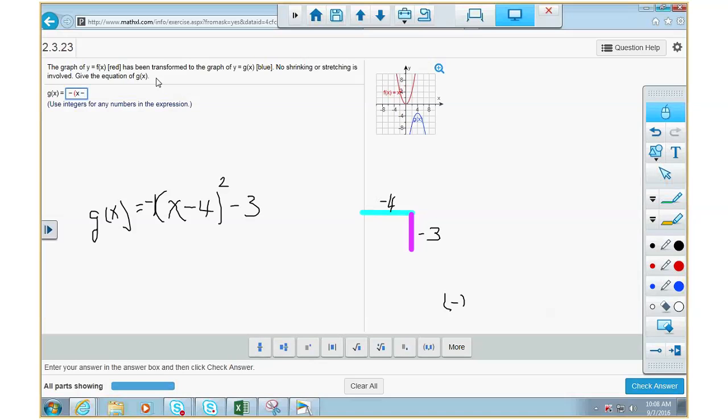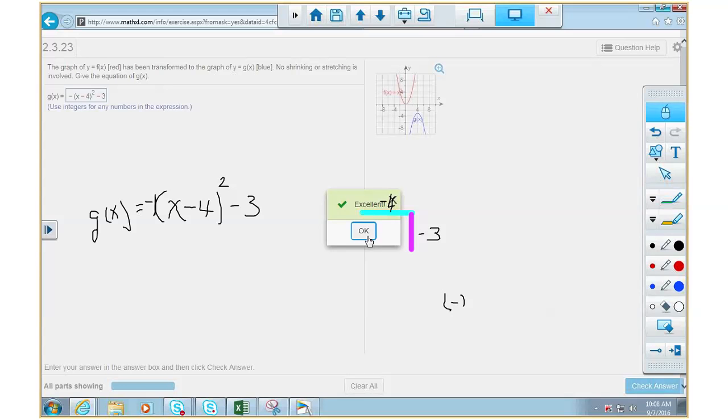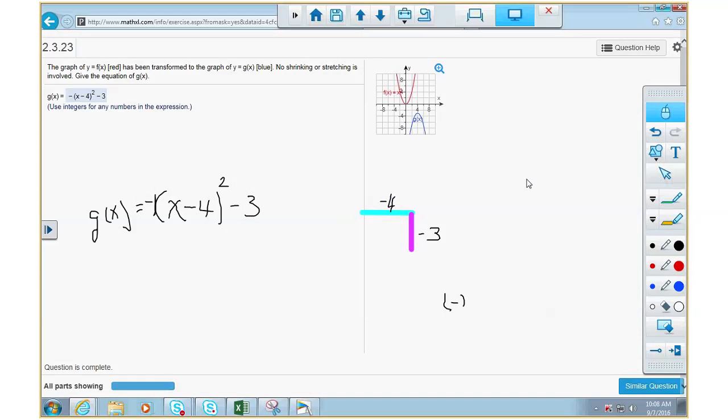Minus 4, close parentheses, shift up 2, come back down, minus what? 3. I feel good about myself. I got it excellent. You got it wrong. Yeah, you're a loser. I didn't feel good after that.